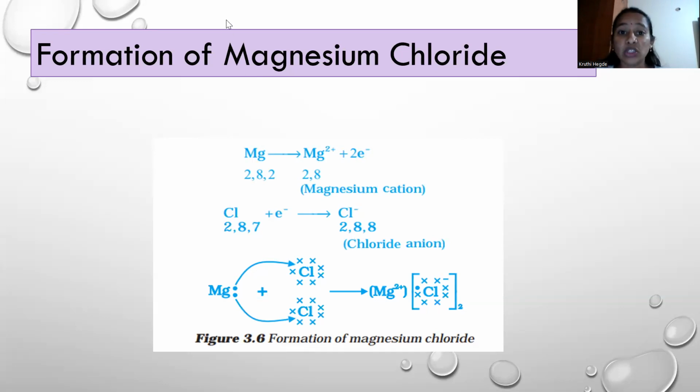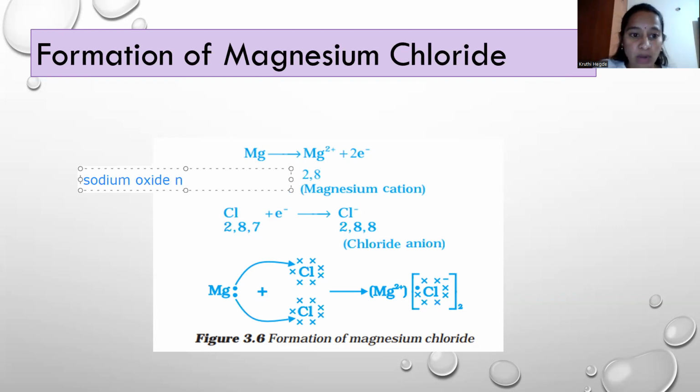In examination, they'll ask the electron transfer method for formation of ionic compounds like NaCl they can ask, or MgCl2 they can ask, or they can ask sodium oxide. Sodium oxide also they can ask. Na2O is its formula.